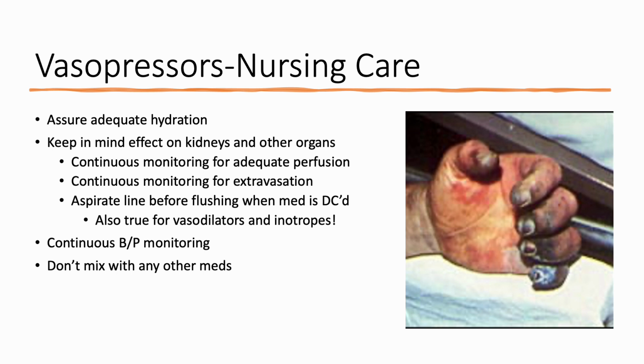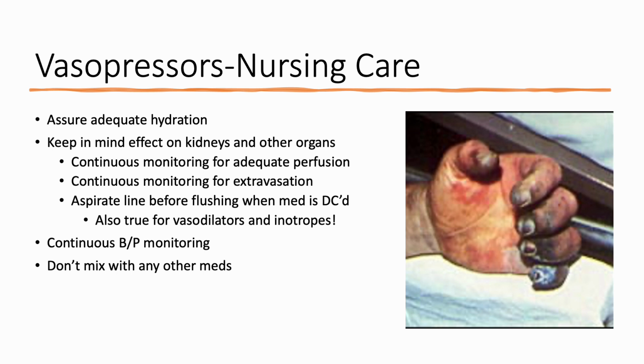This monitoring applies to vasodilators and inotropes too, because they can be very potent medications if bolused. Vasopressors can cause rapid changes in blood pressure, so continuous monitoring is necessary to ensure the patient's blood pressure is within the desired range and doesn't rise too high, which can cause complications in its own right.